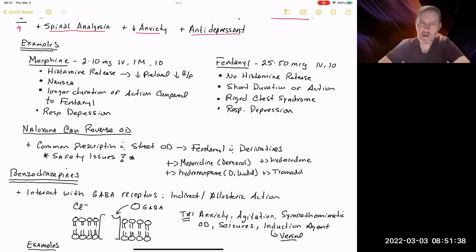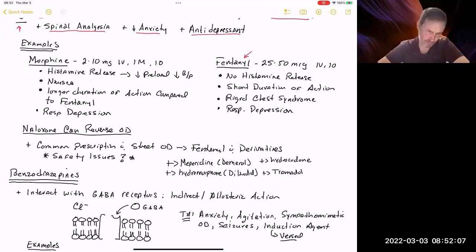And what I find is that there is a fairly substantial preference for fentanyl. Lots of people have a preference for fentanyl. And what I'm going to do here is compare and contrast morphine and fentanyl and hopefully show you that these agents have both pros and cons associated with them. And you may want to choose one over the other depending on the situation.